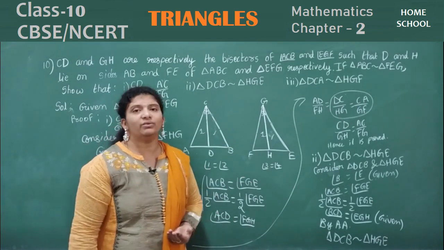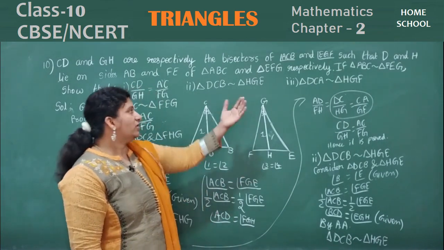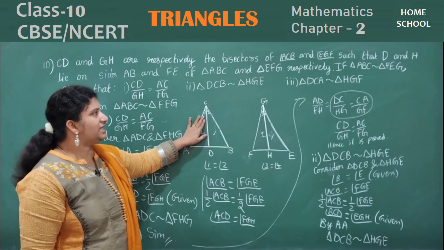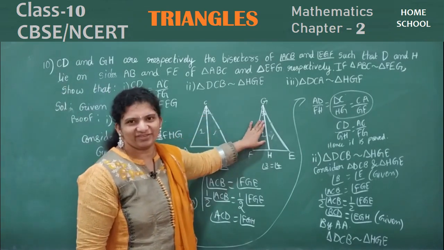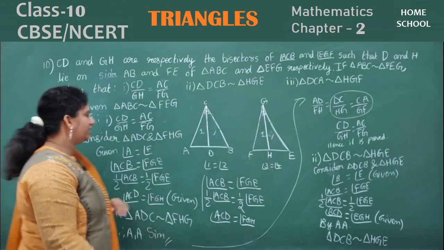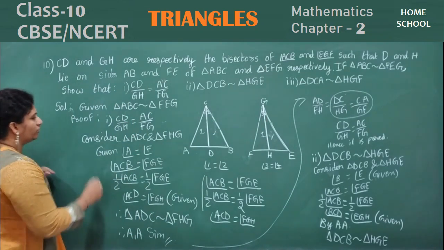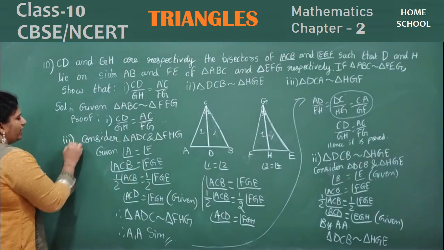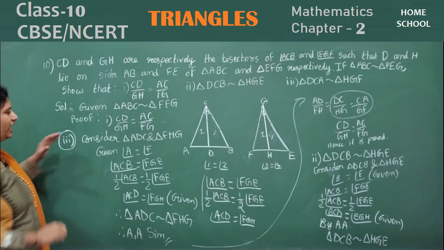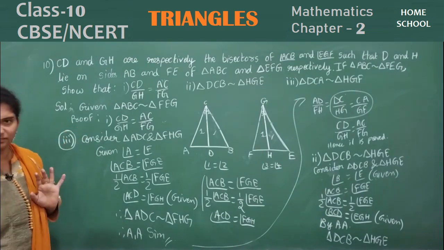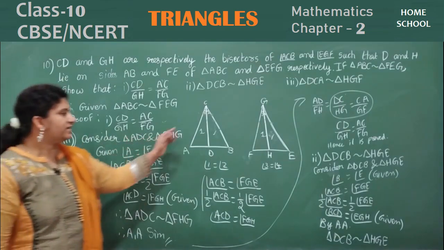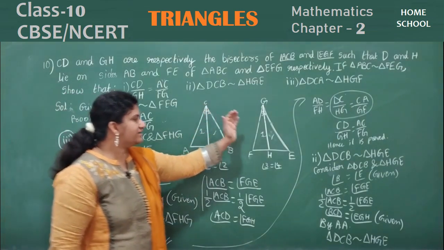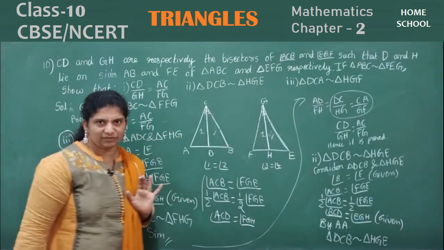Coming to your third one, observe carefully. What is your third one? DCA HGF. Same, no? So for the third one, what are you going to do? From here, look here. Third one, again you rewrite from here to here. So look here, consider the triangle ADC and consider the triangle FHG.